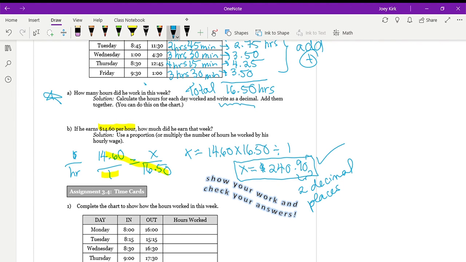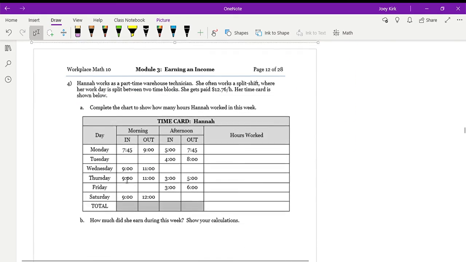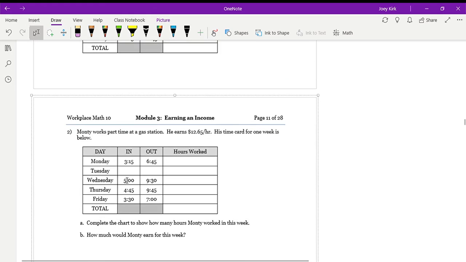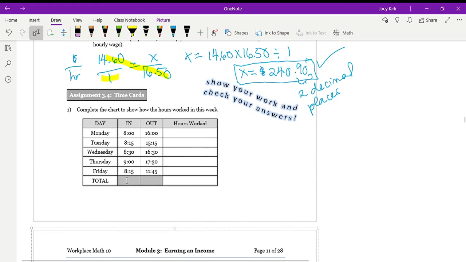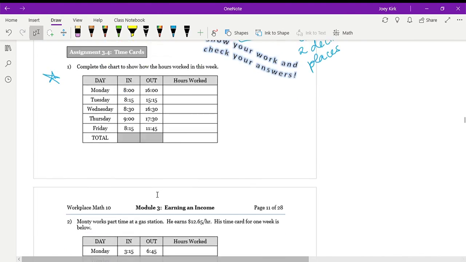All right, so you have assignment 3.4. You have a couple of these. I would definitely like you to do, let's have a look here. Sorry, it's probably kind of dizzy. Definitely do number 1. Let's look at number 2.